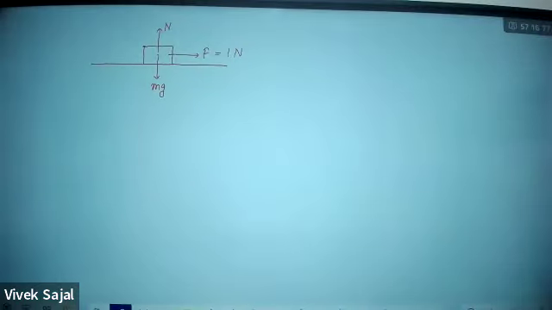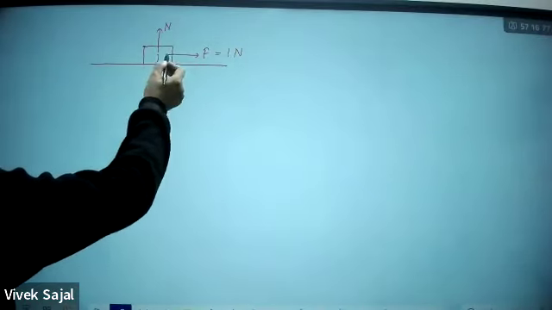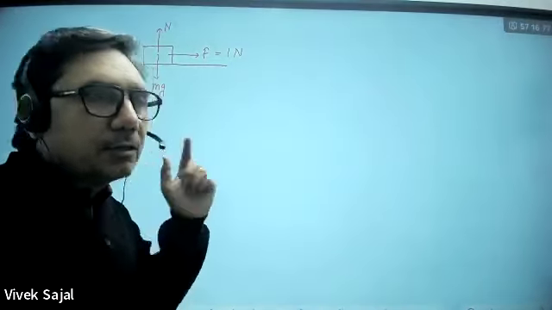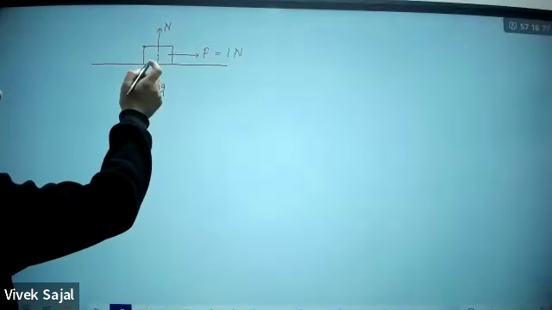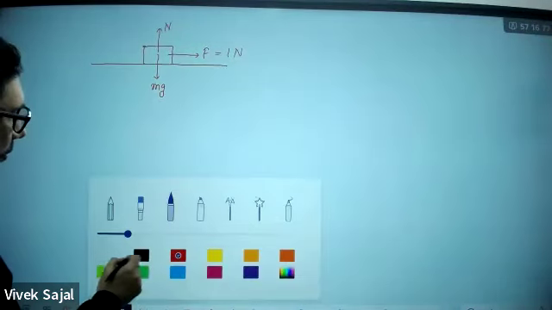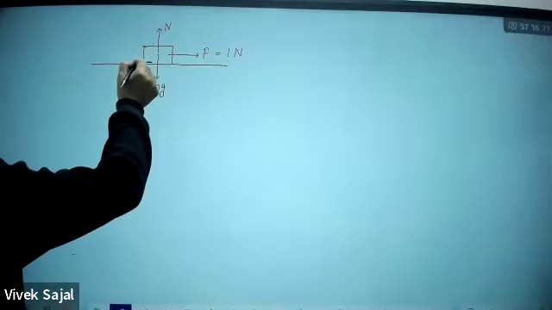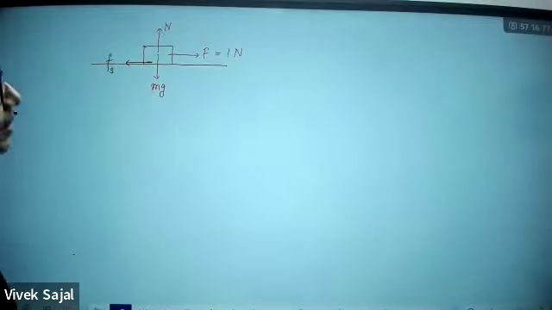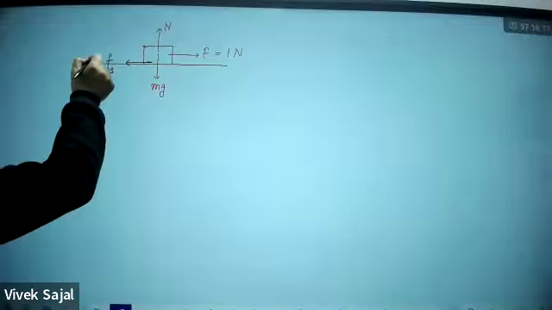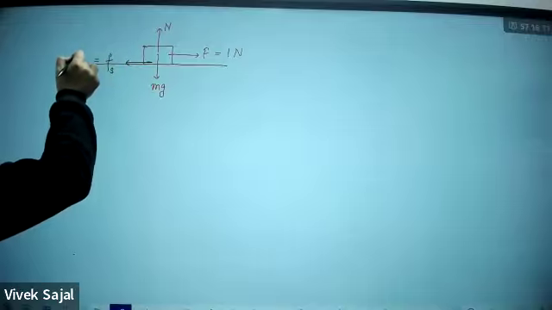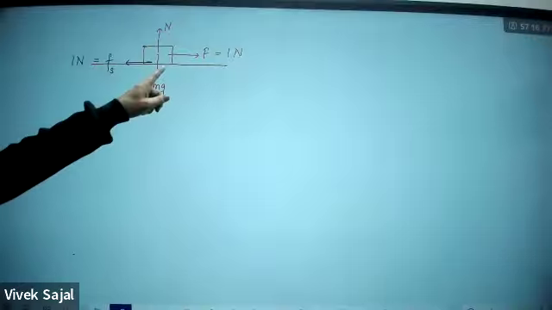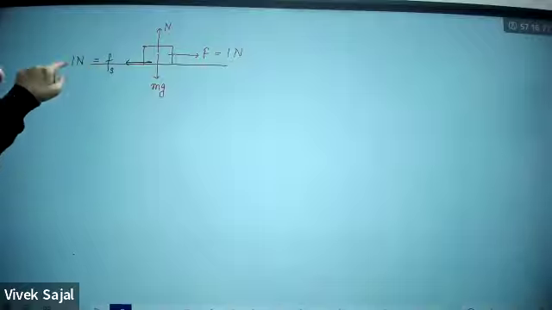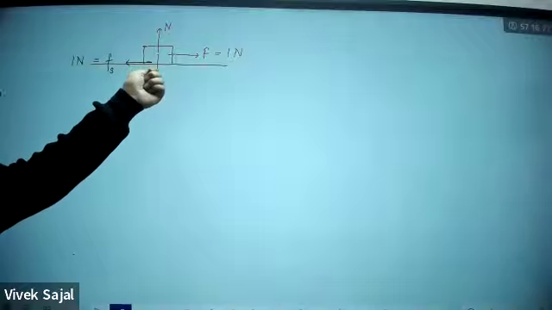Motion was expected due to the 1 Newton force, but motion is not taking place. Why? Because a friction force Fs is acting on the block in the direction opposite to the expected motion, and its magnitude will be exactly 1 Newton. So when you apply a force of 1 Newton, the static friction force is 1 Newton, and the block is not going to move.